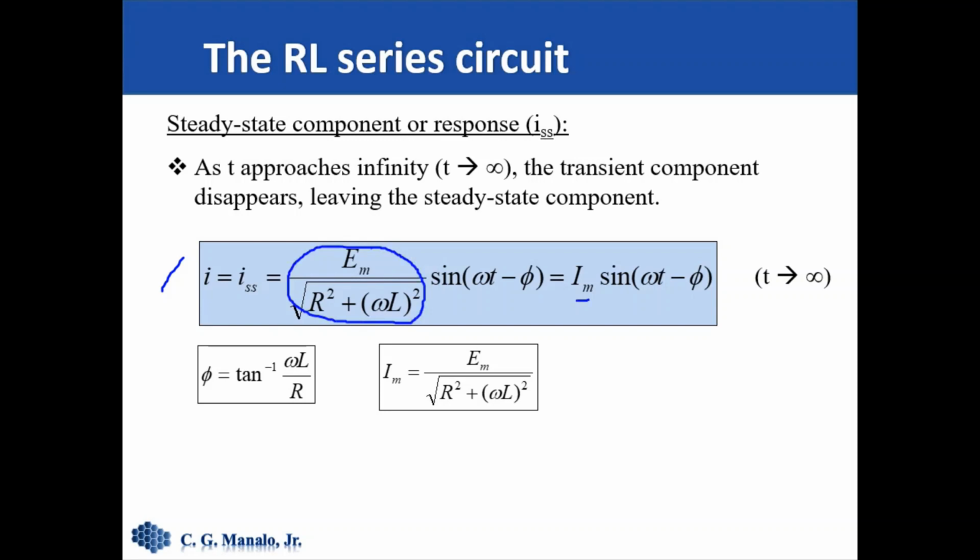If you notice, the amplitude of the sine function is a current because the unit of this is volts over ohms, which is actually amperes. That's why we replaced that entire term with I sub m. In fact, this is the maximum value of the current if we plot the current here. Again, phi is given by this expression, I sub m by this expression.